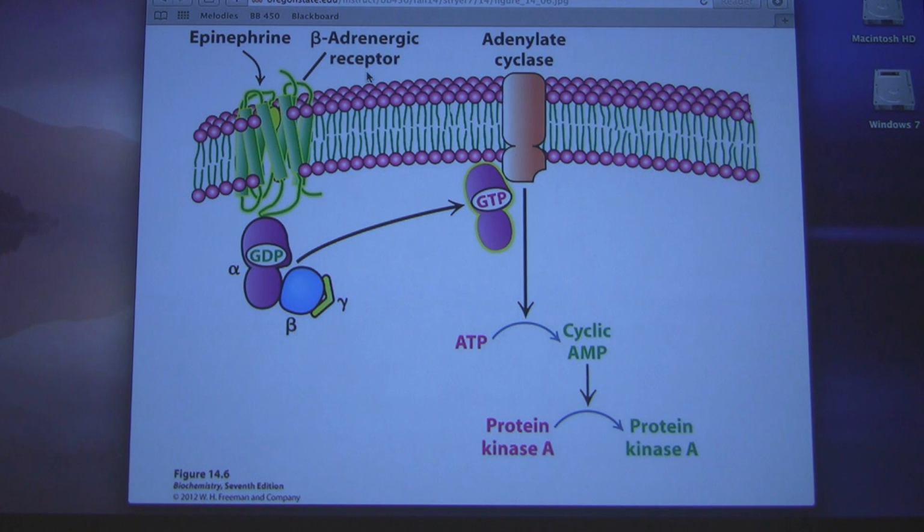Last time I got started talking about the signaling through the beta-adrenergic receptor, which is shown right here. And we saw how a signal that comes from outside the cell can cause some big changes inside the cell. And I talked about how protein kinase A becomes activated. I haven't yet talked about what protein kinase A does.